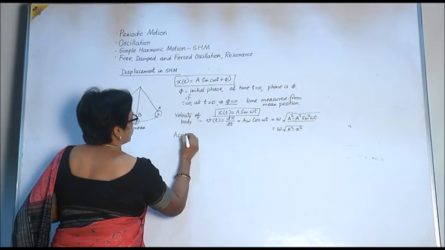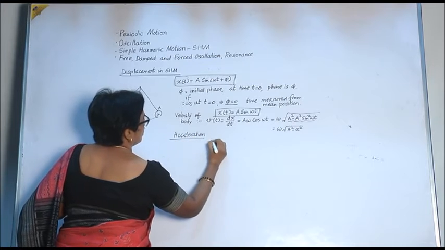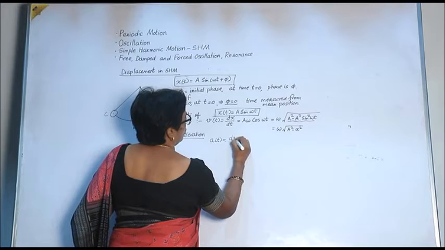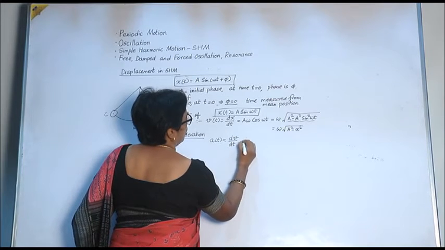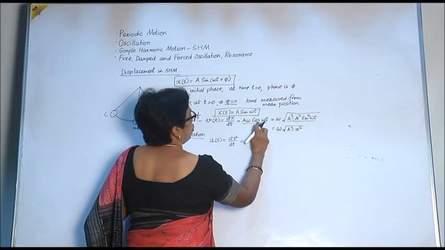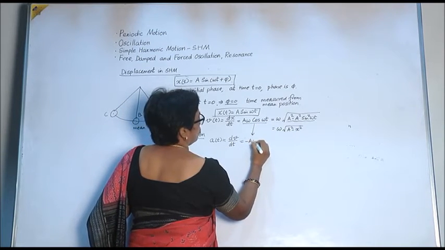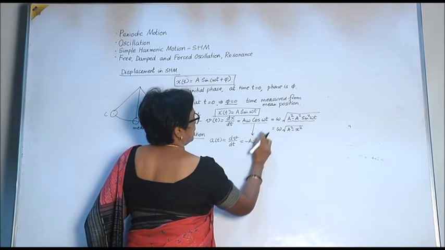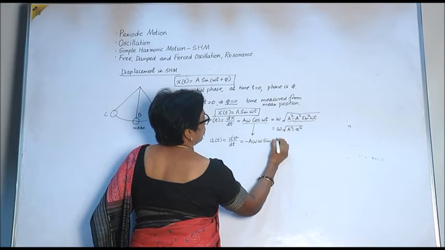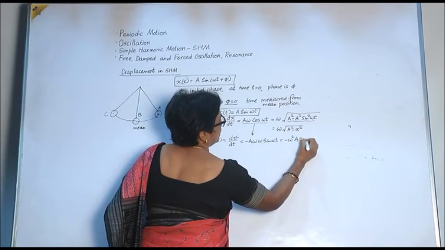What about acceleration? The acceleration of the body will be the time derivative of velocity. So I take the time derivative of velocity. Differentiating a omega cos omega t, the derivative of cos omega t is minus omega sin omega t. So this gives me minus omega squared a sin omega t.